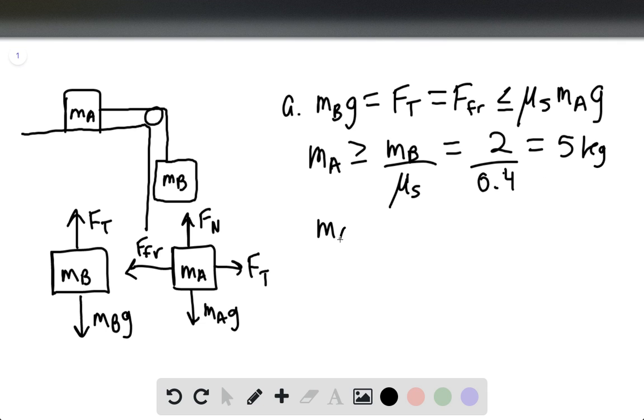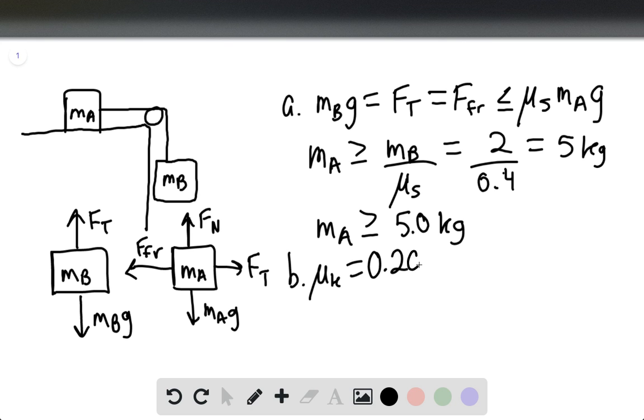So the mass of A should be greater than or equal to 5.0 kilograms in order for the system to not move whatsoever. And then for part B, we're saying that mu k equals 0.20. However, we need this system to move with a constant velocity. So here, again, acceleration is still 0.